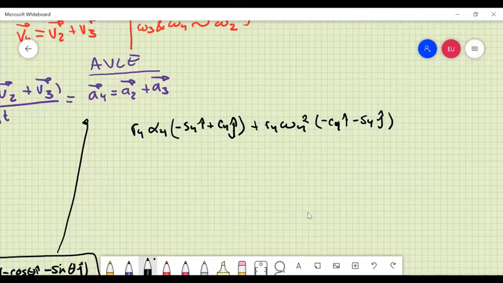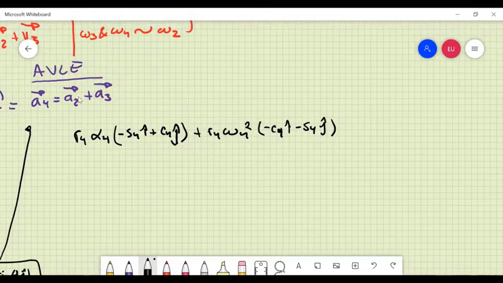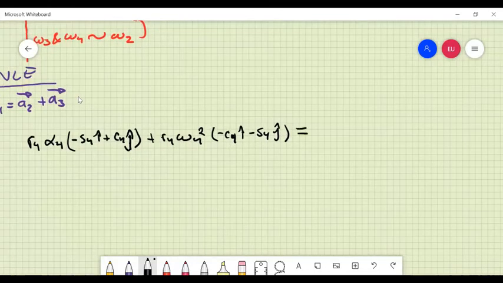All that is just this bit here. All that is just that bit. All that should be equal to the same thing with subindex 2.